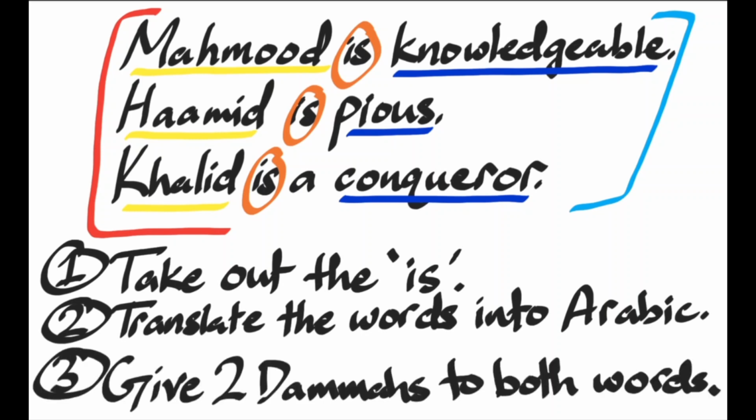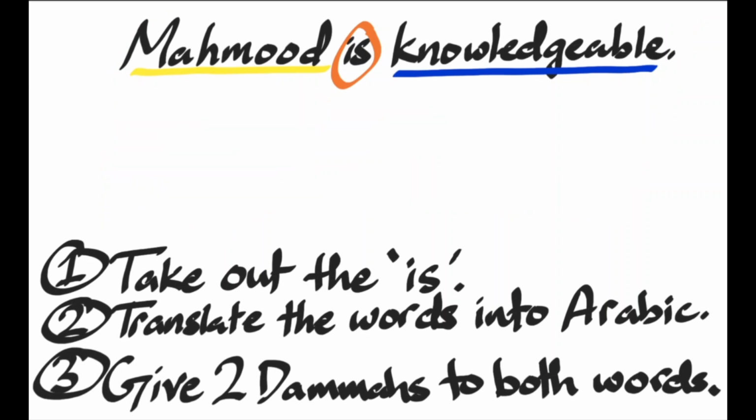Alright, now that you know the 3 simple steps, let's try to apply them to the first sentence. Mahmud is knowledgeable. The first thing you are going to do is take out the is. The second thing you are going to do is translate the words into Arabic. Now Mahmud is going to stay as Mahmud because that's a name, right? But knowledgeable is going to be translated into Arabic.